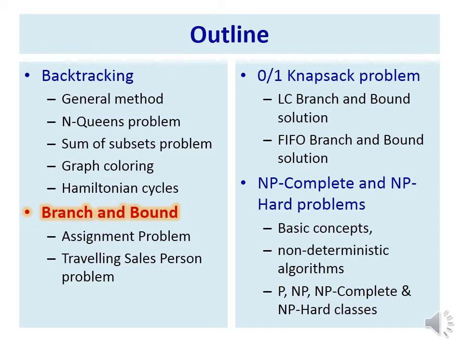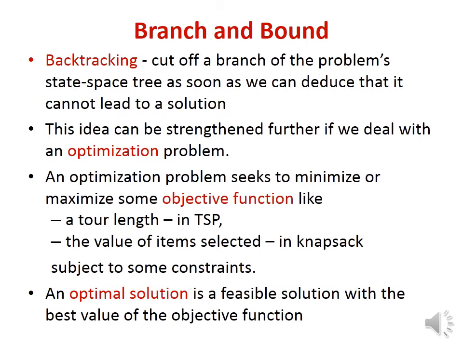So in today's lecture, let us understand a modification of the backtracking algorithm called branch and bound. As we know, backtracking cuts off a branch of a problem's state space tree as soon as we can deduce that it cannot lead to a solution.